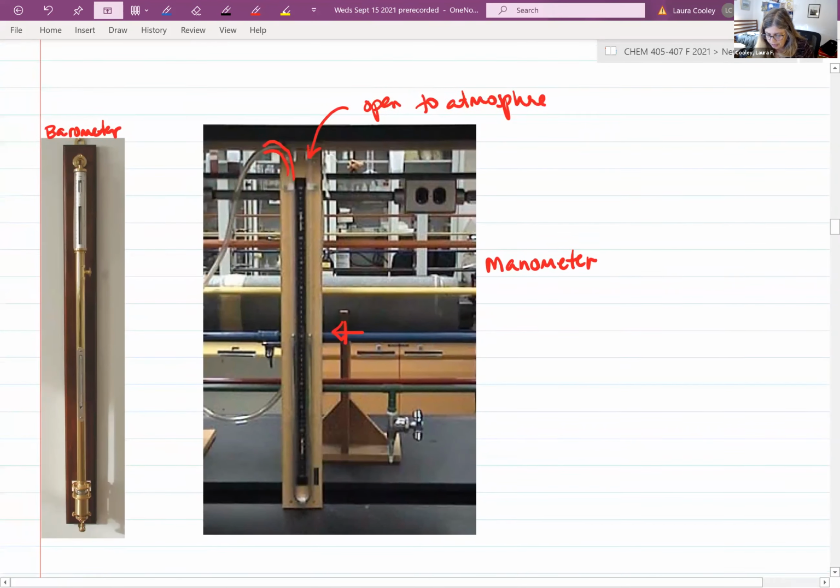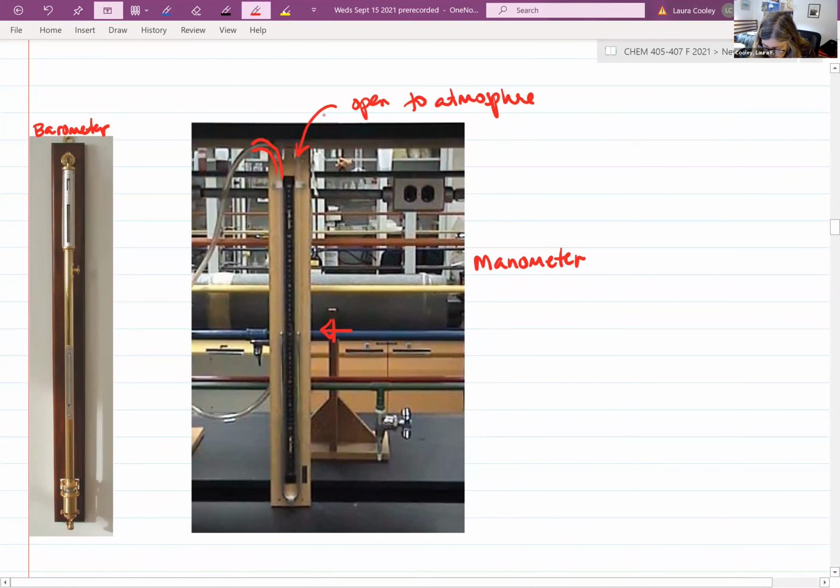So a manometer has one end open to the atmosphere. This is what we call open-ended, and most manometers in labs, old ones made of mercury, are open-ended. Then this piece of tubing goes off to a gas sample somewhere.